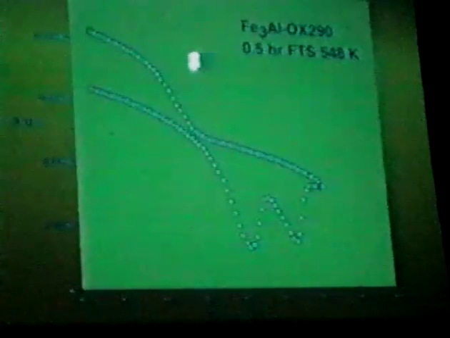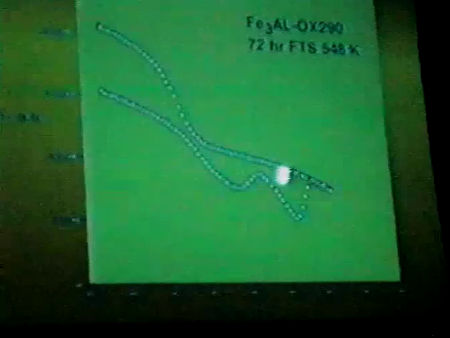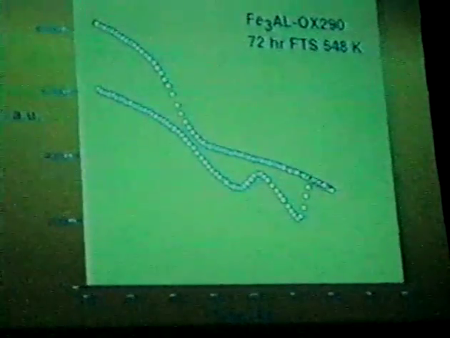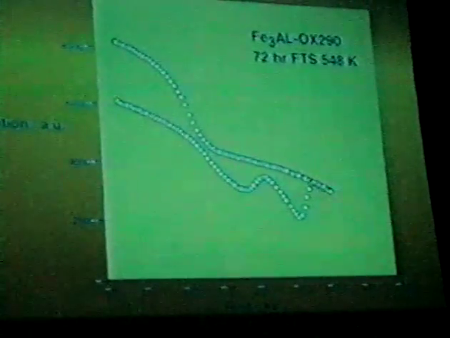Because if we are extending the period of Fischer-Tropsch synthesis from half an hour to 72 hours, and we are doing the same experiment, you can see there is again a decomposition of the carbide. Then we get the next carbide, again the decomposition, but now you can see that the total amount of carbide that we can decompose has dropped very substantially.